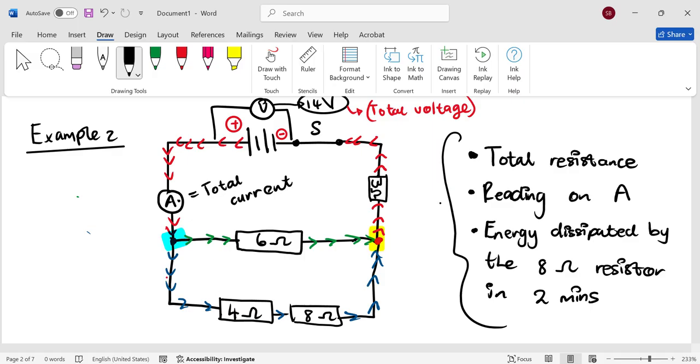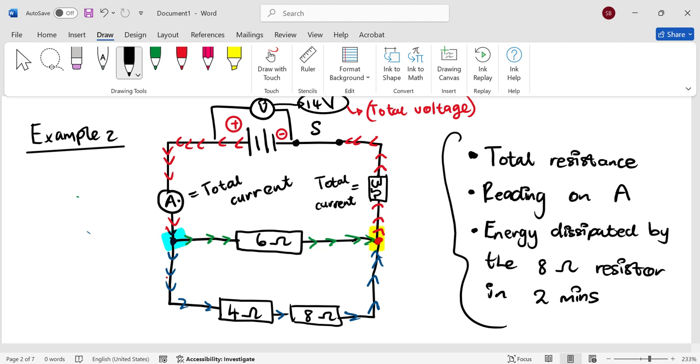Do you also agree with me that through the 3 ohm resistor, this guy here, sorry, there was a little mistake. So through the 3 ohm resistor, we also have the total current. I hope you guys are seeing that, because just before a split, so please note, just before a split, you have the total current. Just after the point of togetherness, you have the total current.